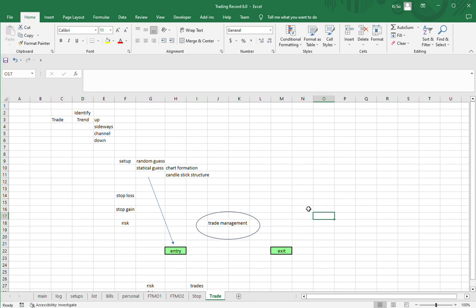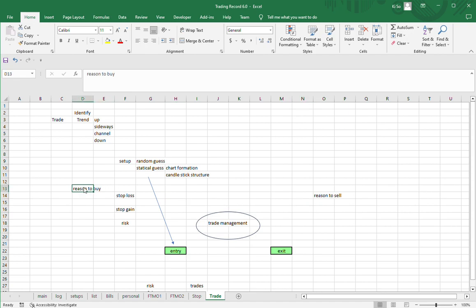Also, exiting the trade has various things, like reason to sell, just as there is reason to buy.